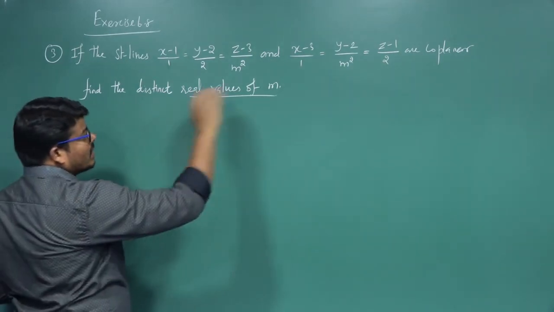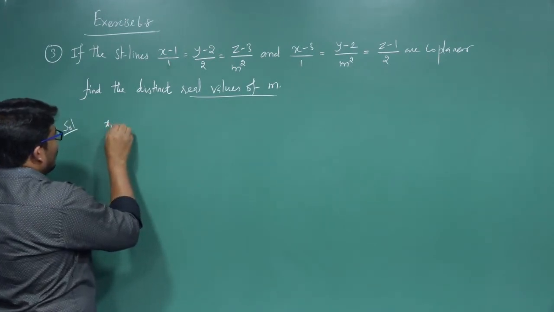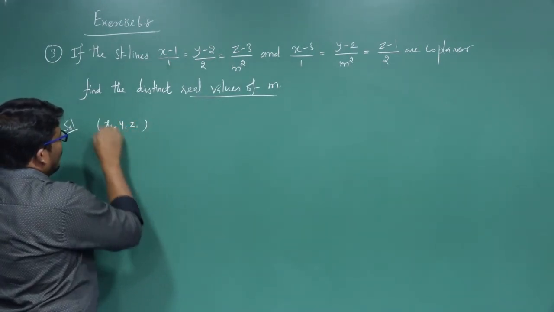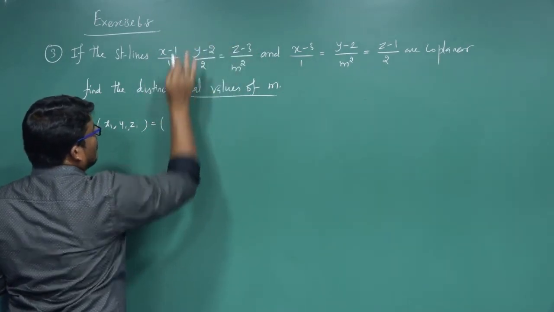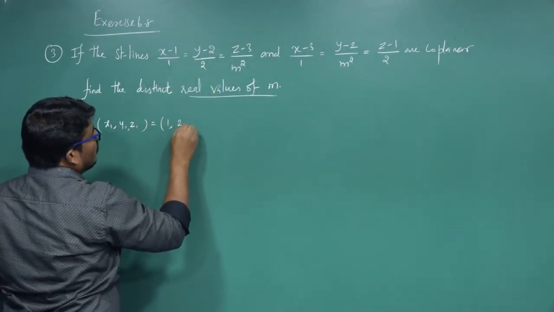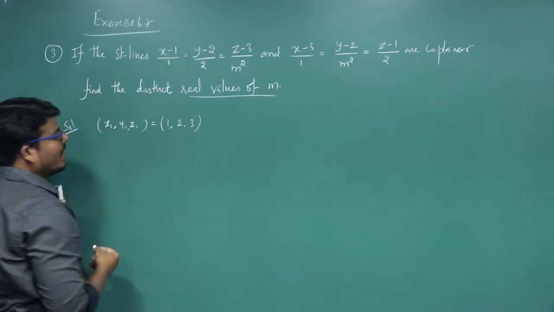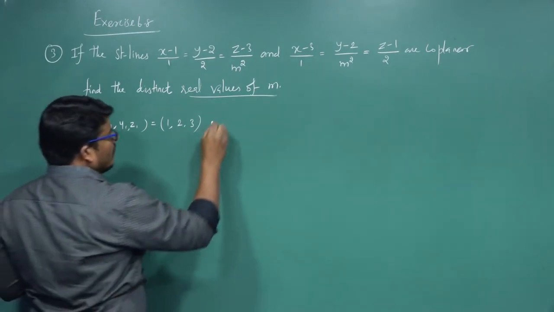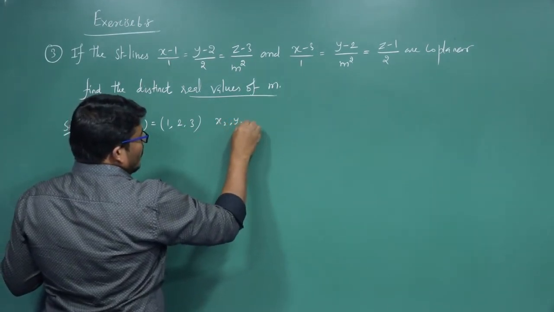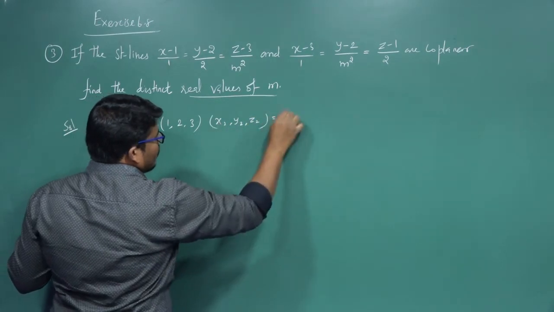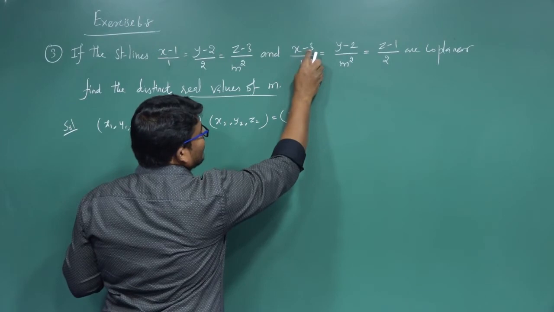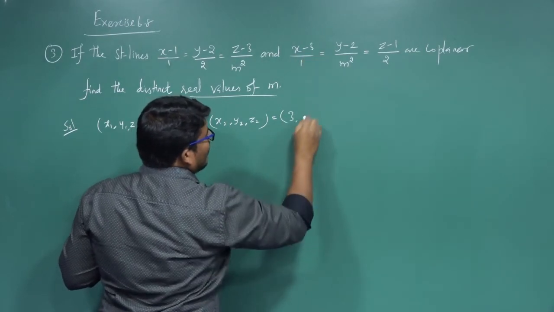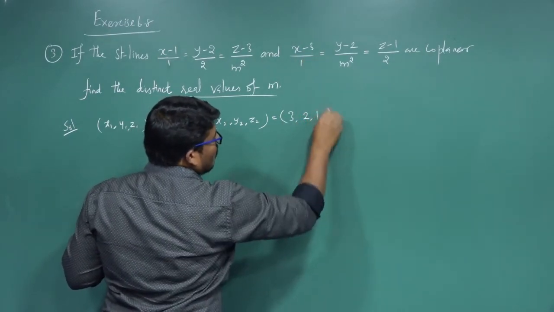Now write the points. For the first line, x1, y1, z1 is the point 1, 2, 3. And x2, y2, z2 is the point 3, 2, 1.